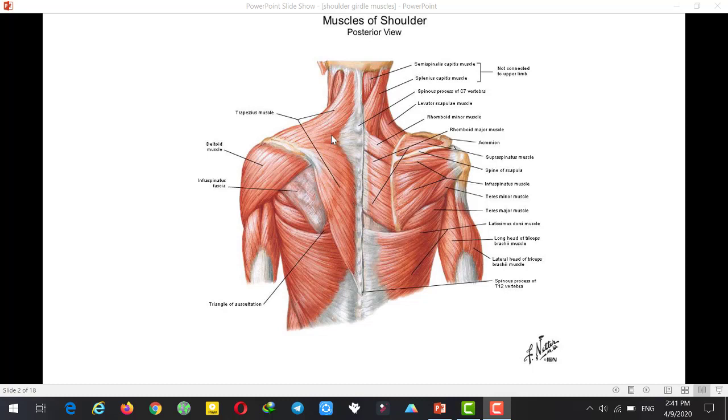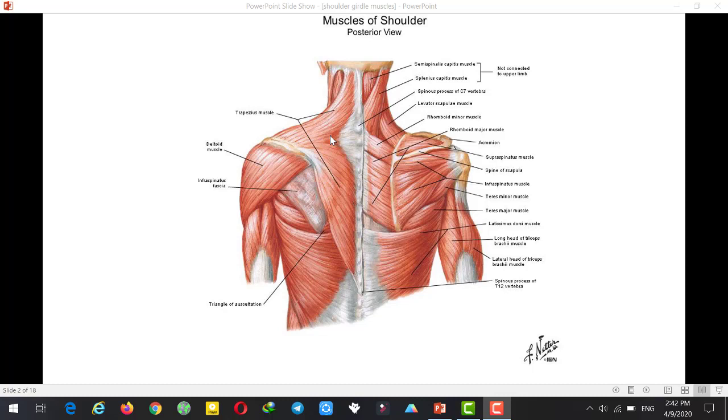Action of the trapezius. Trapezius upper fibers act with levator scapulae and elevate the scapula. Middle fibers act with rhomboids and retract the scapula.